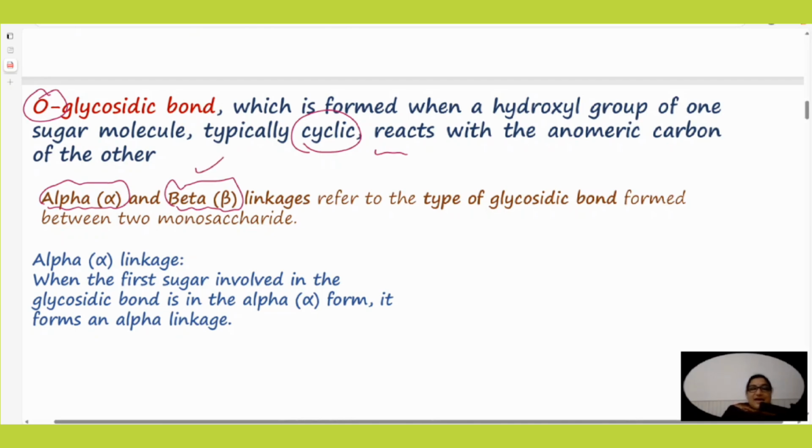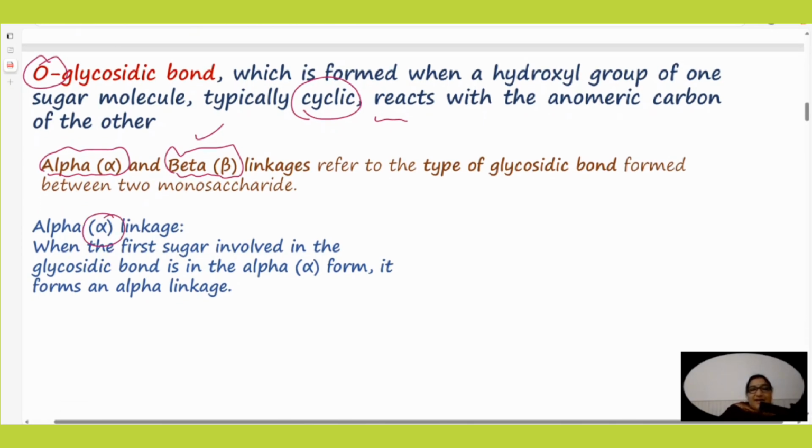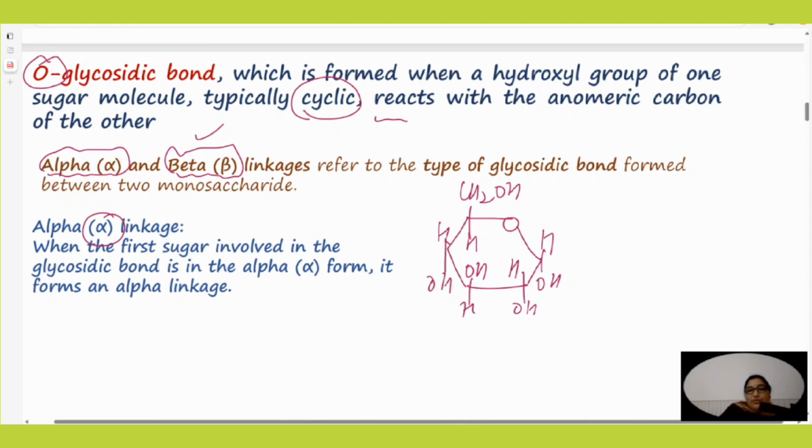So let us now understand how we are going to discriminate what the alpha linkage is and what the beta linkage is. So we've recently studied that in the glucose molecule, see, this is the glucose molecule, H O H, H O H, H O H. So in this glucose molecule, if at the anomeric carbon atom, that is carbon atom number 1, the H lies above the plane, it is known as alpha glucose.